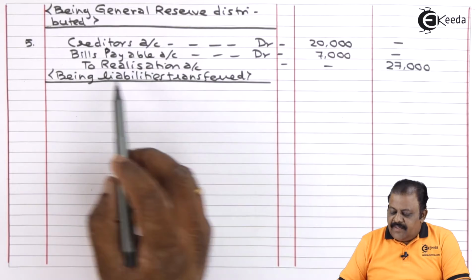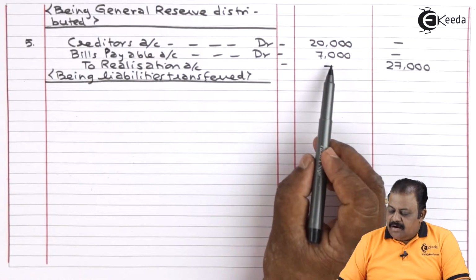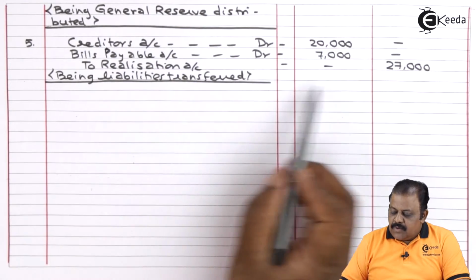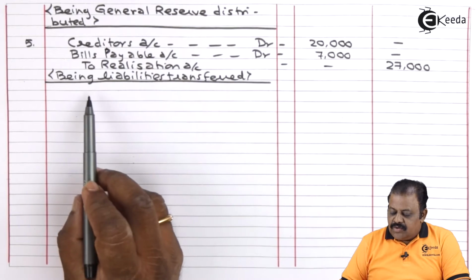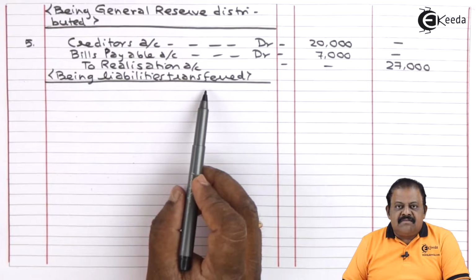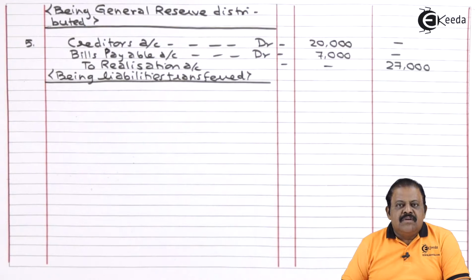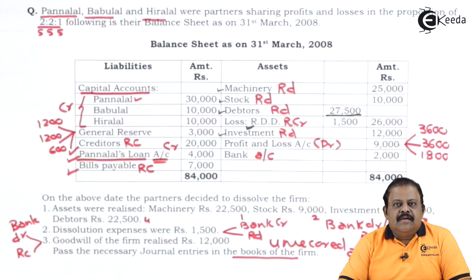Creditors account debit 20,000, bills payable account debit 7,000, to realization account 27,000, being liabilities transferred to realization account at book values.